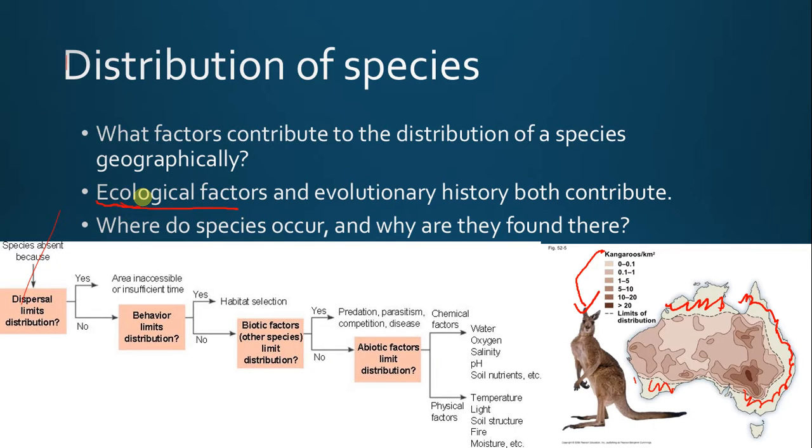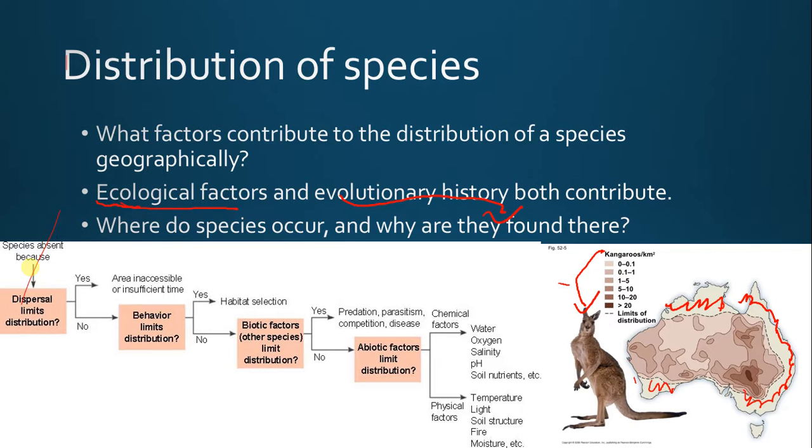So there are various questions that we study to understand the distribution of species, but in general we want to answer where do species occur and why are they found there. And ecological factors and evolutionary history both contribute to the why. So we can ask ourselves a series of questions like, is the dispersal limited by something?